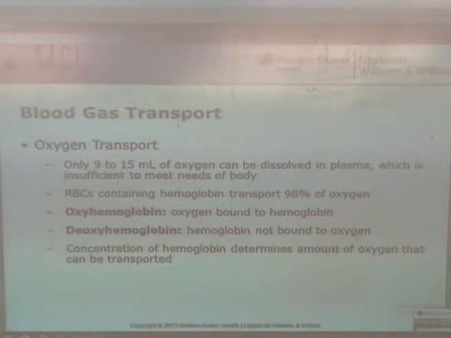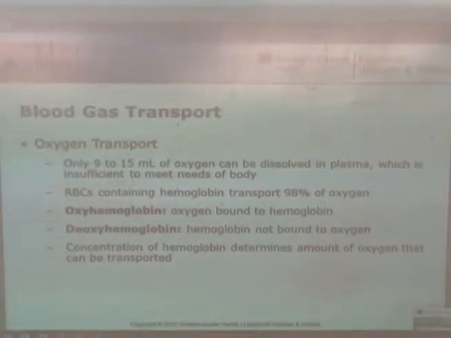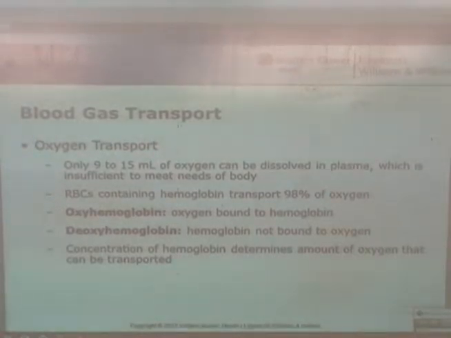So the hemoglobin has to have an iron for it to do its job properly, and it picks up about 98% of the oxygen that we take in. If the hemoglobin has oxygen attached to it, we call it oxyhemoglobin, and if it's free of oxygen, it's deoxyhemoglobin.